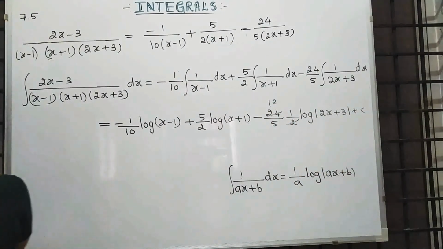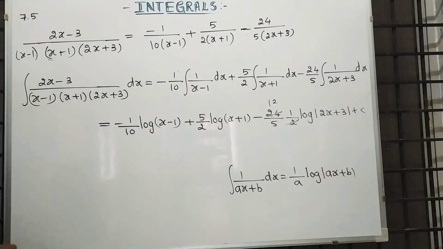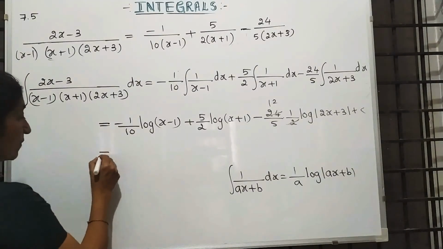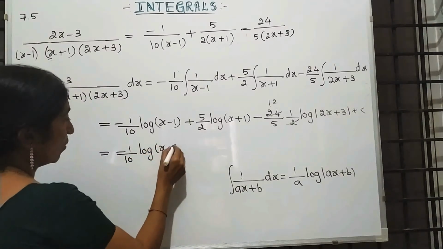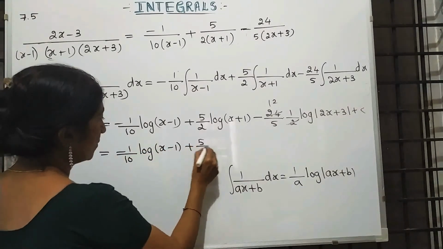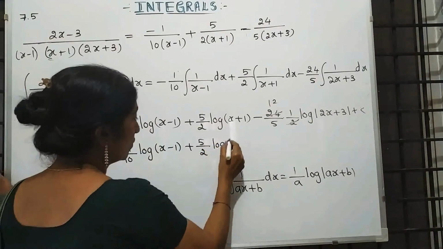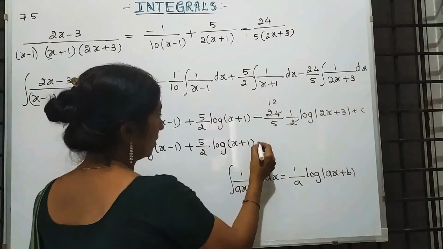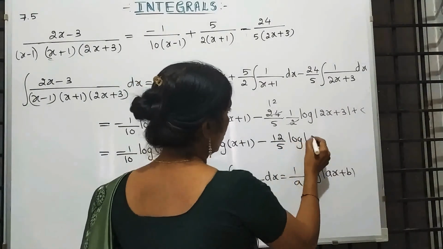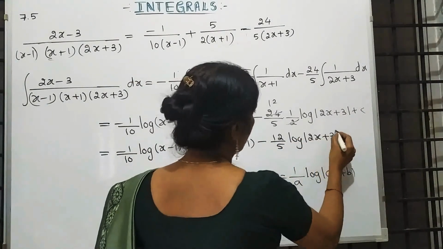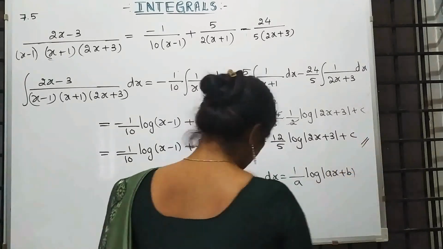Write down the remaining terms. Minus 1 by 10 log of x minus 1 plus 5 by 2 log of x plus 1 minus 12 by 5 log of 2x plus 3 plus c.